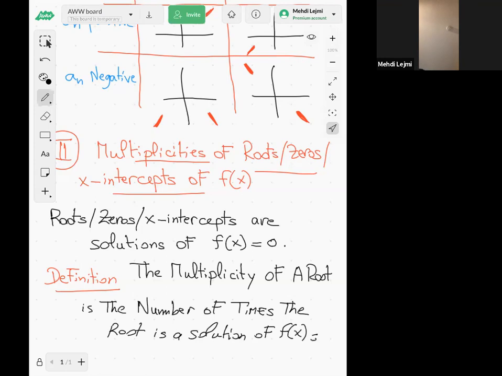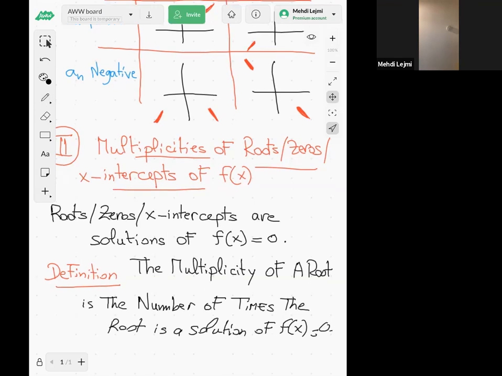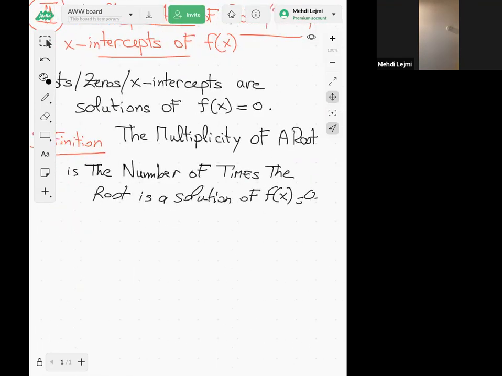Now the question is, how do we find the multiplicity of the roots?